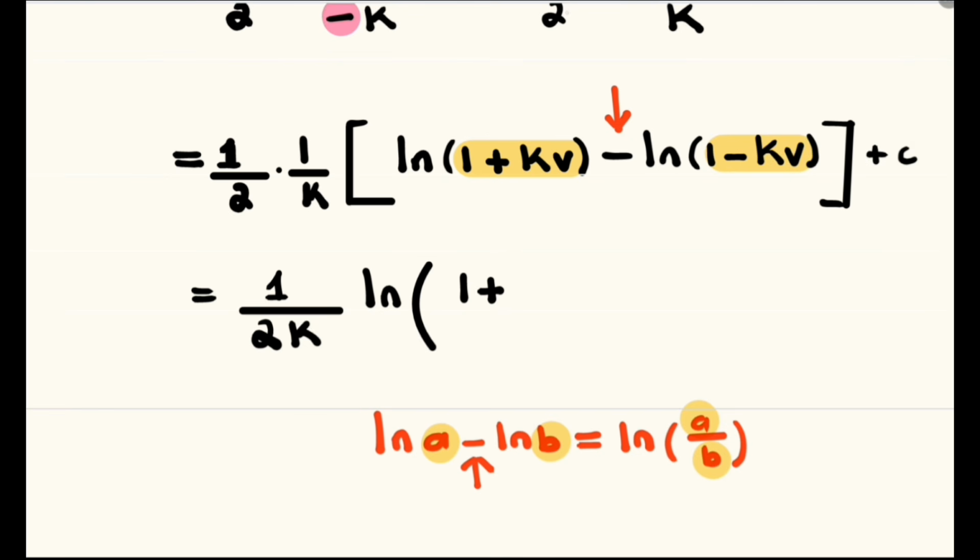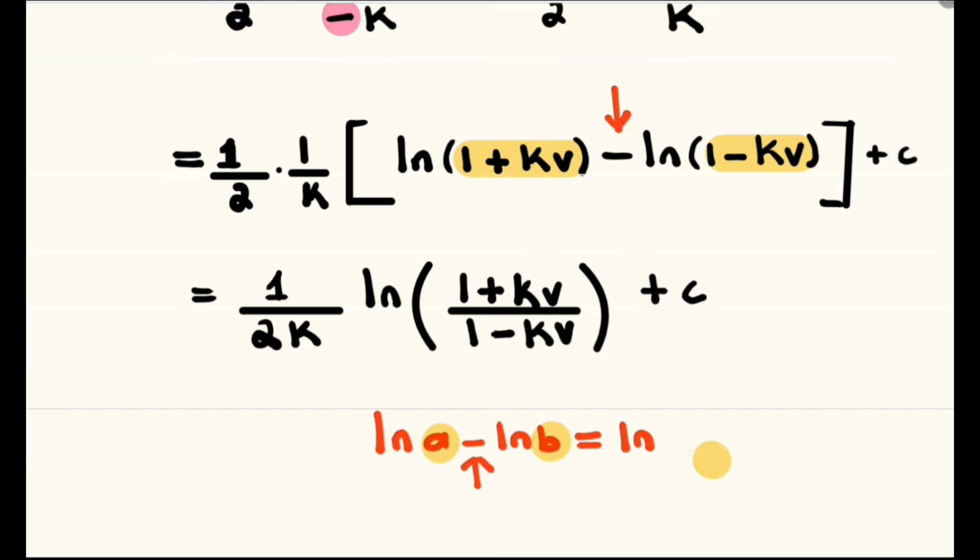So we have the ln of 1 plus kv divided by 1 minus kv plus our constant c, and this will be our answer for this last question.